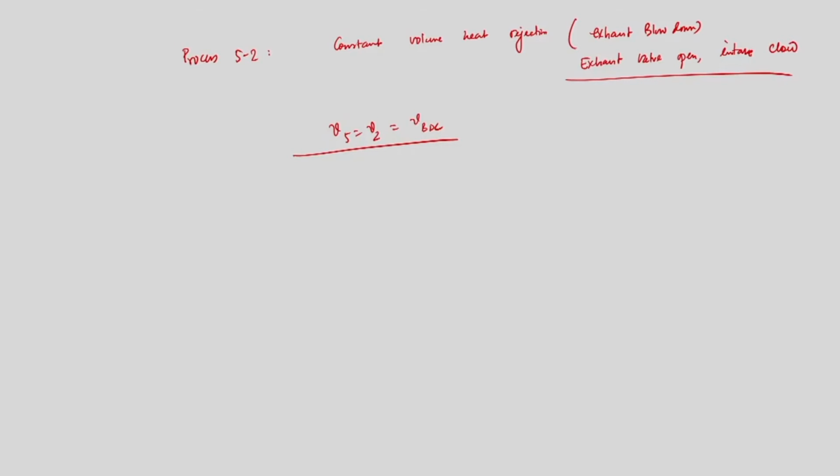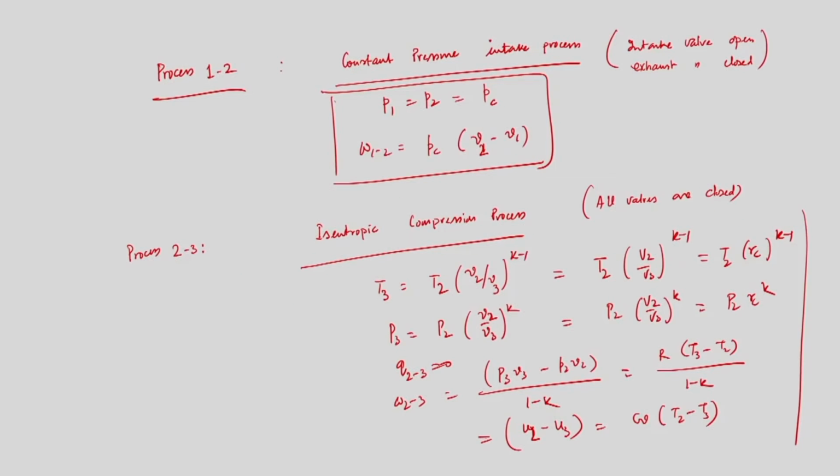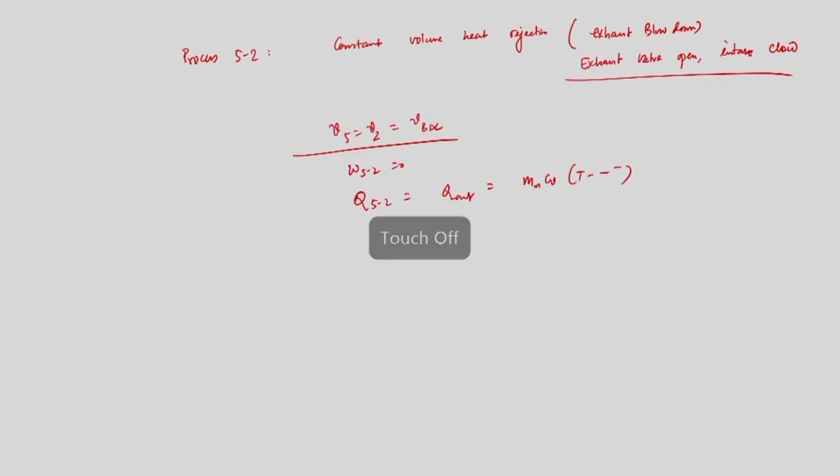Now W5 to 2 will be equal to 0, and Q5 to 2, that will be equal to Q out, which is equal to m dot times CV times (T5 minus T2), because the temperature at 5 is higher than the temperature at 2.